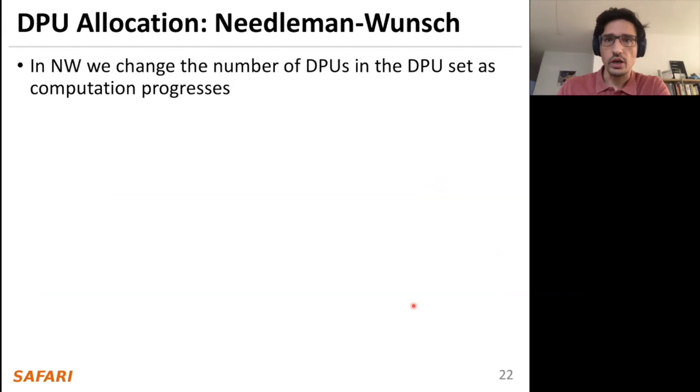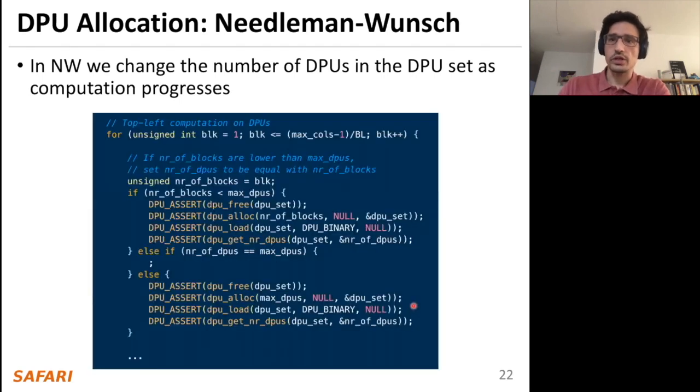And actually, one example can be Needleman-Wunsch, which is an algorithm that you're already familiar with because of the talks in bioinformatics that you have had in this course. In Needleman-Wunsch, essentially, we have a matrix that we use to compare a reference and a read.